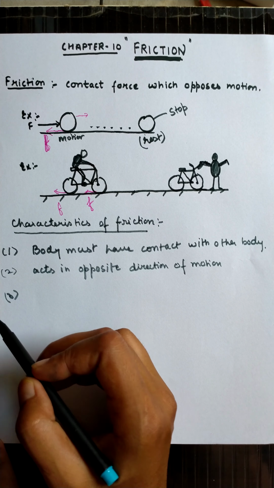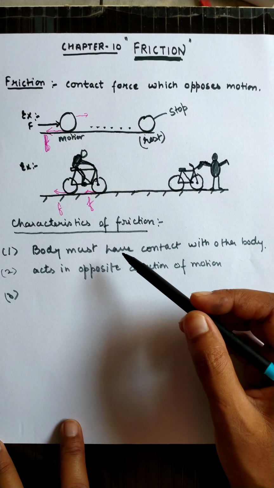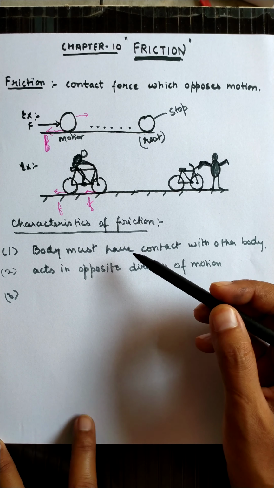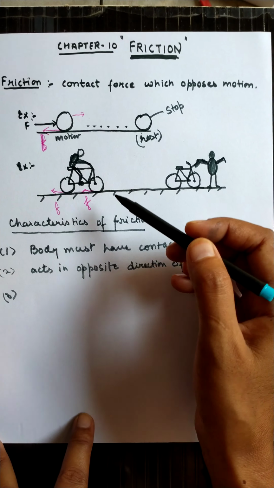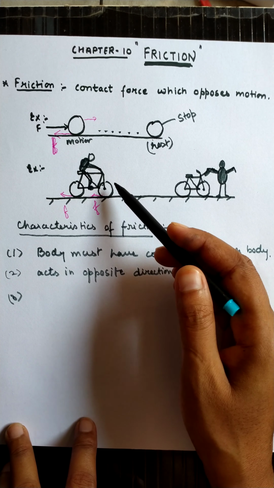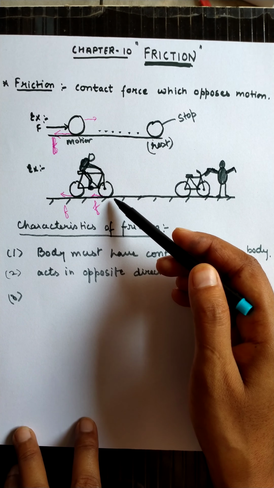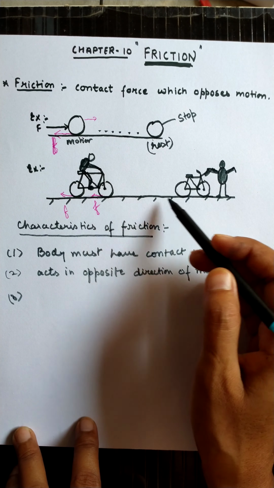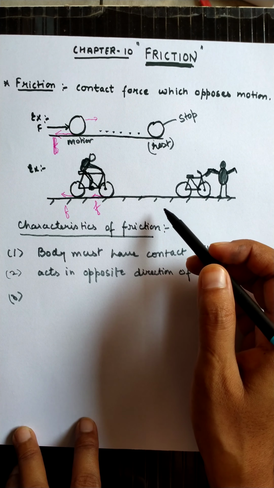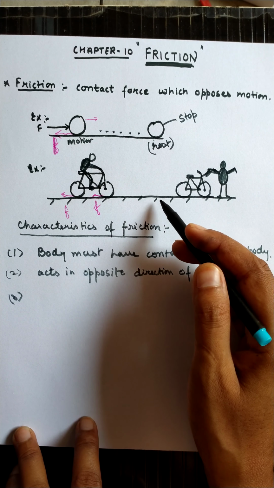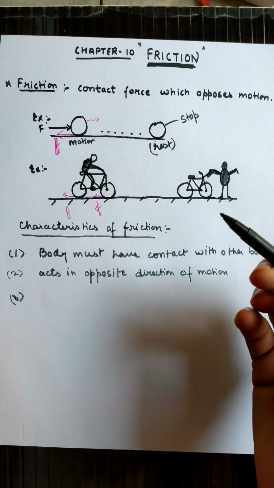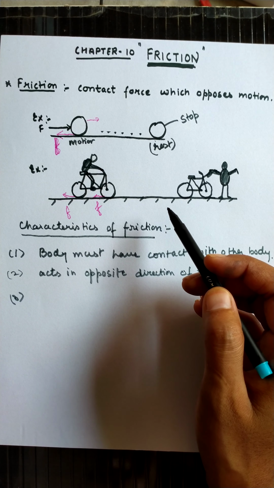Third one is, when surfaces come in contact with each other, it causes wear and tear of the surfaces of contact of bodies. Like if tires are coming in contact with the surface, that is the ground, then you might have seen that the tires get worn out. Also the road, when vehicles continuously pass over it, sometimes potholes form, if the material is not good. And if the material is good, then after a long time it happens, it is due to friction only.